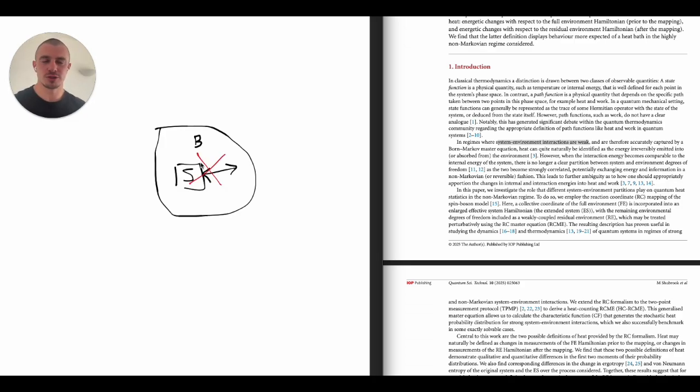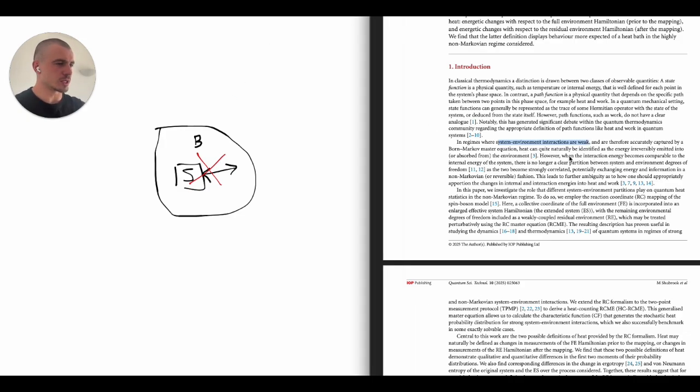But we're not interested in weakly coupled open quantum systems, we're interested in strongly coupled open quantum systems. And for these systems, using this particular definition of heat is not valid. The reason is that it's assumed that the interaction energy between the system and the bath is weak enough to be ignored, and if they're strongly coupled, then that's just not the case. We can't ignore that interaction anymore.